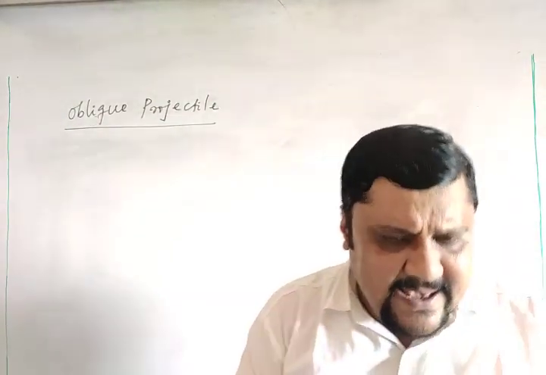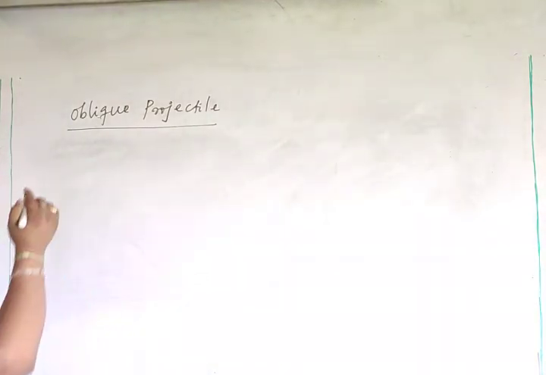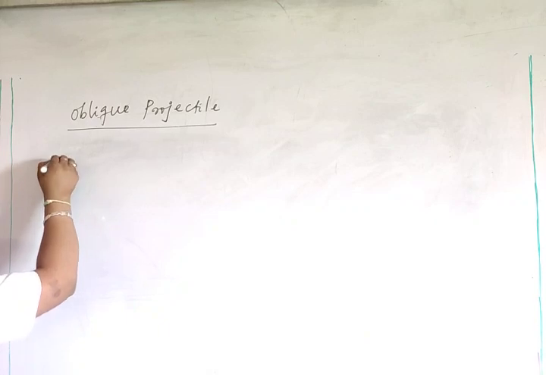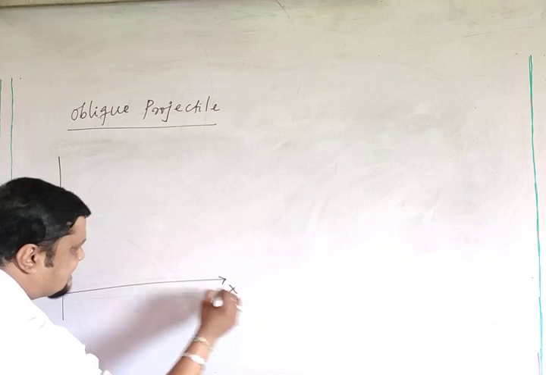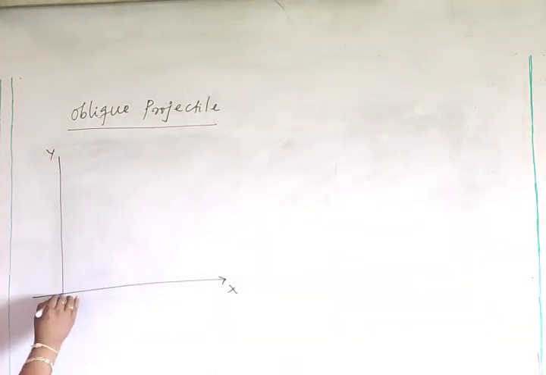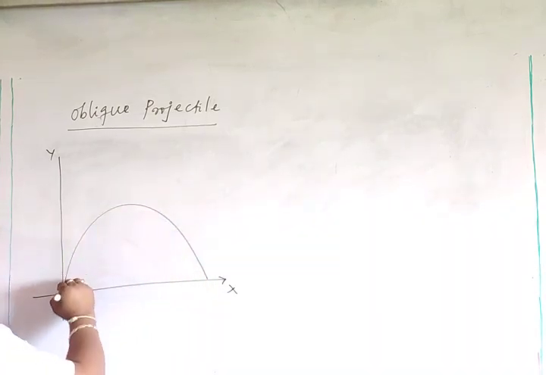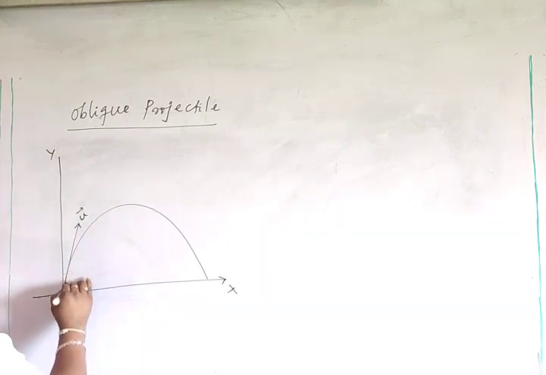As in the oblique projectile we have already considered, the projectile is projected like this, x and y. This is the origin of the coordinate system, right? And this is the trajectory, in which it has a given initial velocity u, which makes an angle theta with the horizontal.